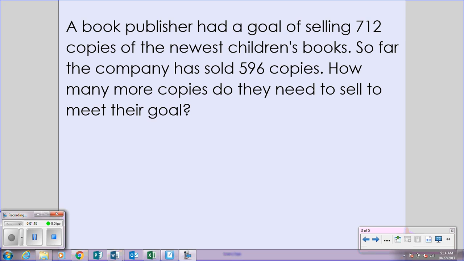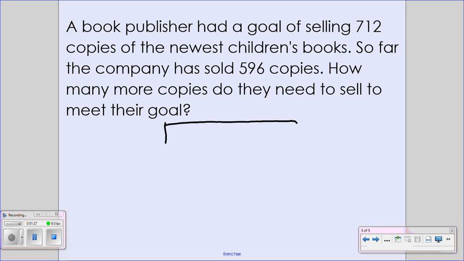Just to show you what it looks like with a bar model, raise your hand if you've done bar modeling before, if that sounds familiar. Okay, I'm going to draw it, and you tell me if it's familiar. With a bar model, you draw a rectangle. That rectangle represents your whole amount. In this case, our rectangle is going to reach our goal.